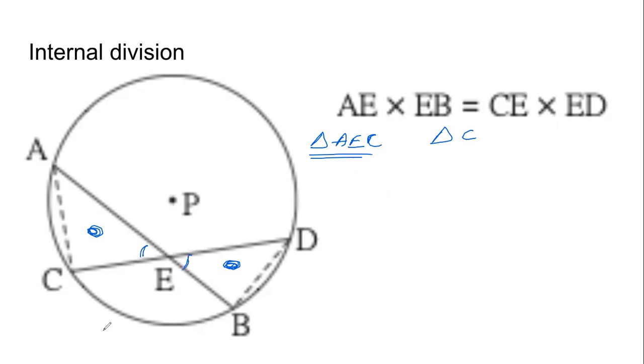These two angles are equal. Tell me, why are they equal? By which theorem? By which property are they equal? There is a special name for these angles. AEC, DEB.